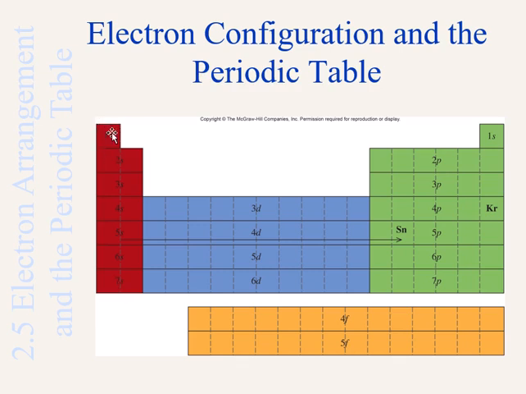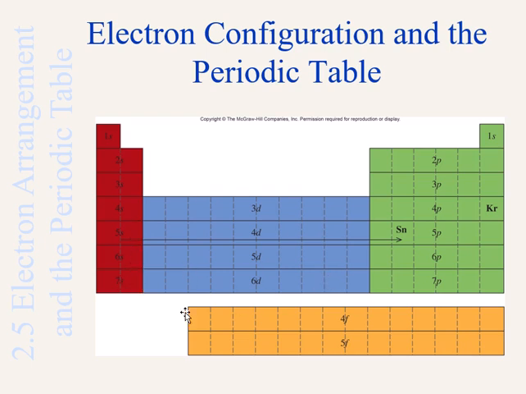So you have 1s1, 2s1, 3s1, 4s1, 5s1, 6s1, 7s1. Try to write the electron configurations of these elements and you will see that for yourself. And in this portion, the group 2A, they end in s2. So you have 2s2, 3s2, 4s2, 5s2, 6s2 and 7s2.